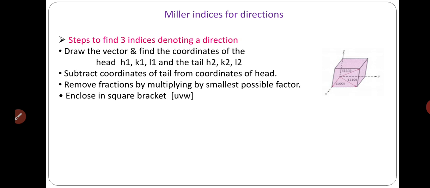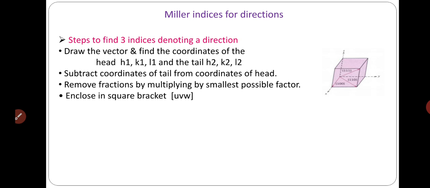Okay, now let us discuss the Miller indices for directions. How to calculate the Miller indices for directions? First, draw the vector and find the coordinates of this vector. The head is denoted by h1 k1 l1, and the tail by h2 k2 l2.